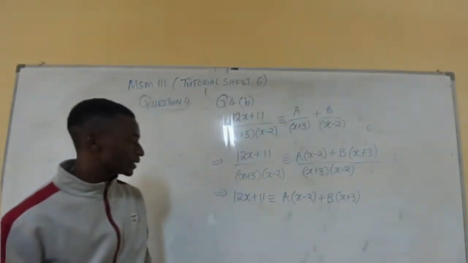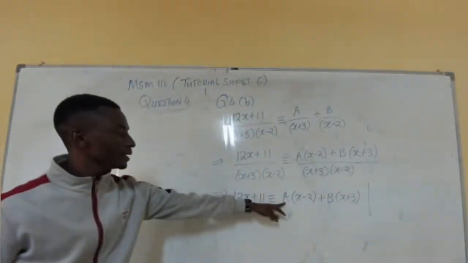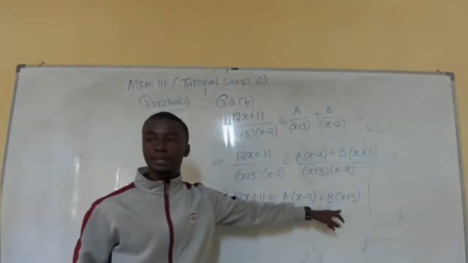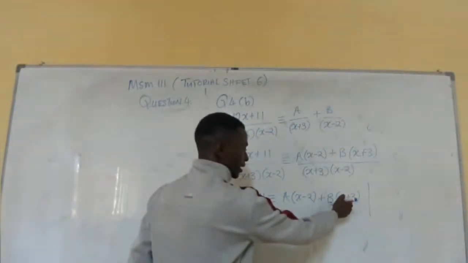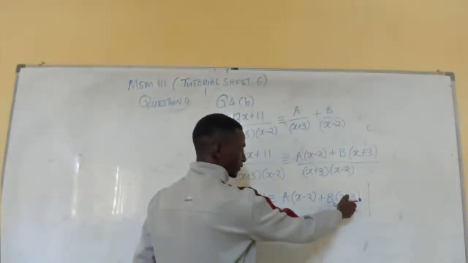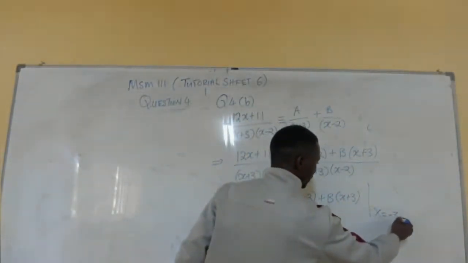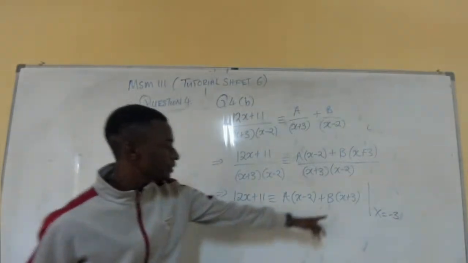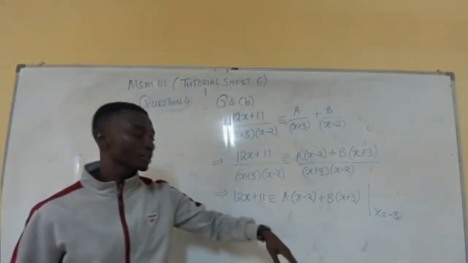How are we going to do that? To find the value of a, you have to make b 0. Since inside there we have positive 3, for you to make b 0, you say x equal to negative 3. If you substitute there, negative 3 plus 3, the answer is 0, meaning your b will be 0.